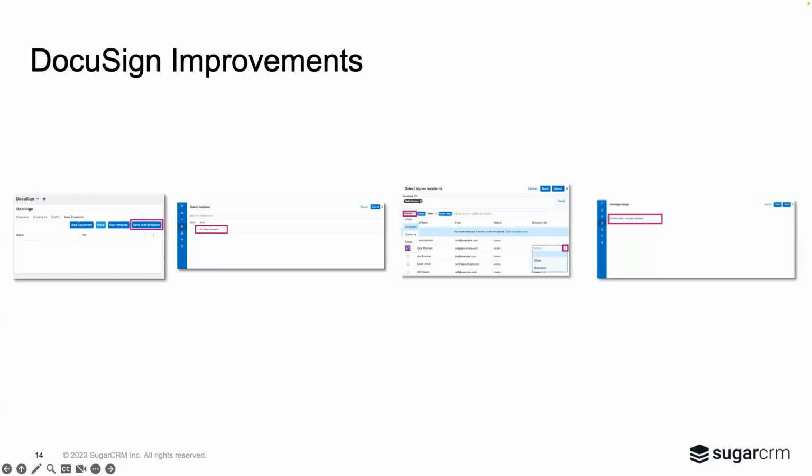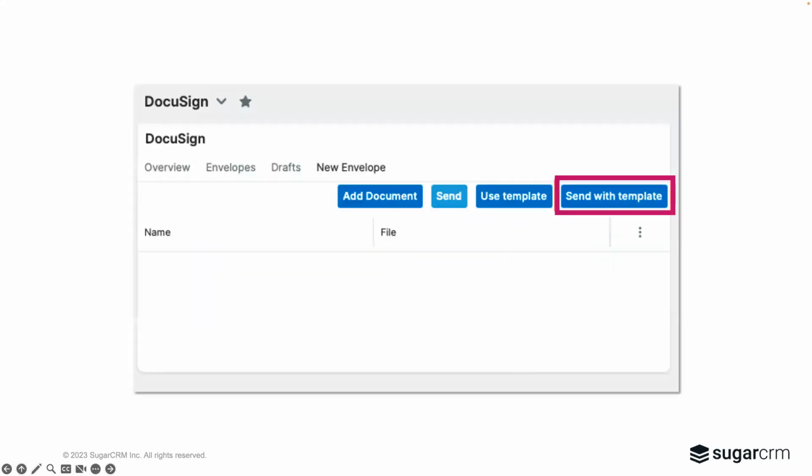If your company sends out a similar, maybe not exactly the same, contract to each new client, in the past, you would have had to create the document and send it to DocuSign, then set up the signatures and other fields manually.